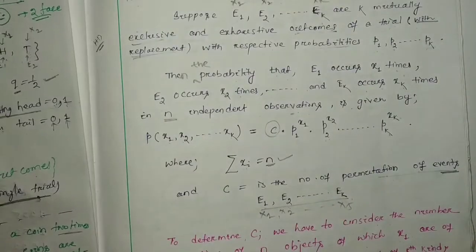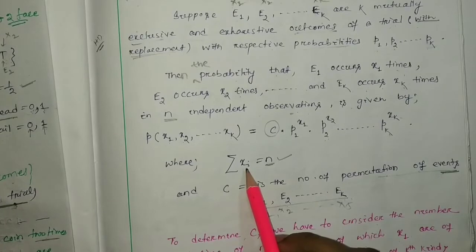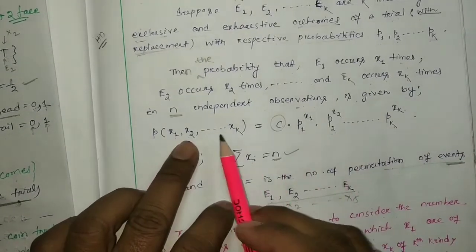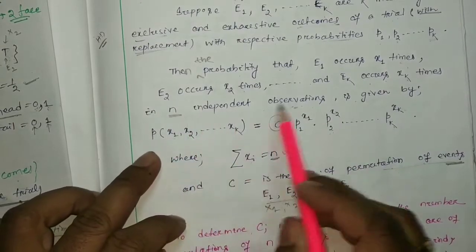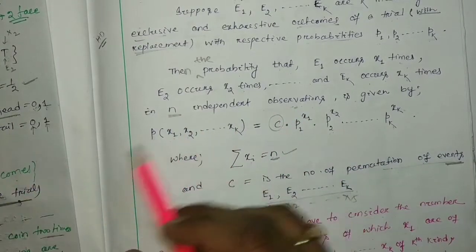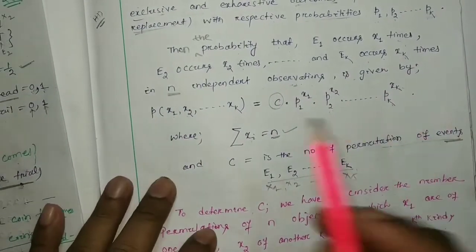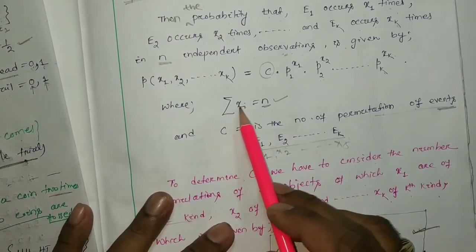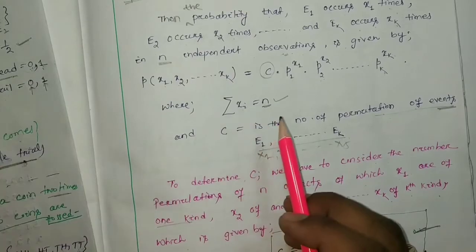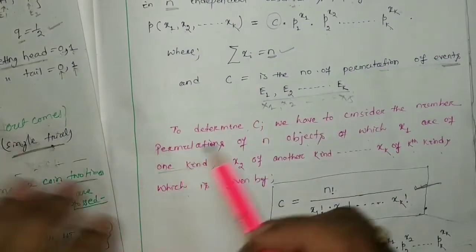Here n is the total number of observations or trials. How it will be we saw, and how the summation over xi will be n, we also saw from these 2 examples.